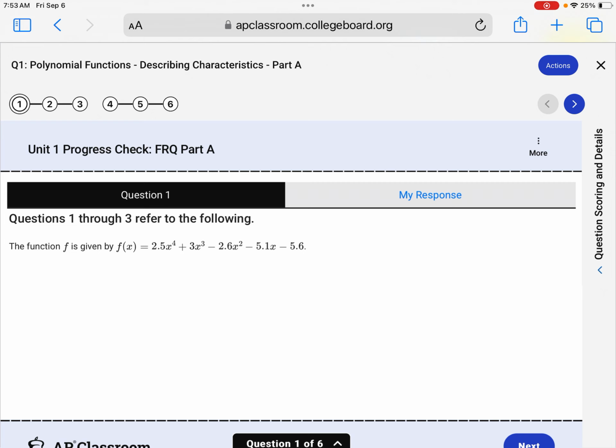So 2.5x to the fourth plus 3x to the third minus 2.6x squared minus 5.1x minus 5.6. Okay.